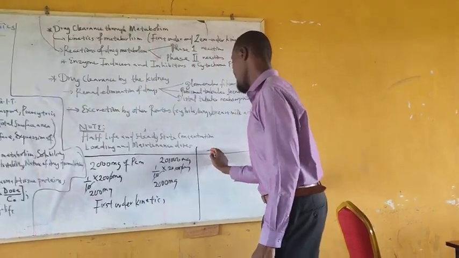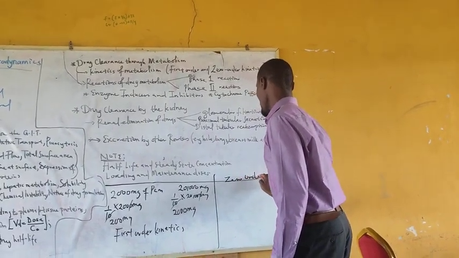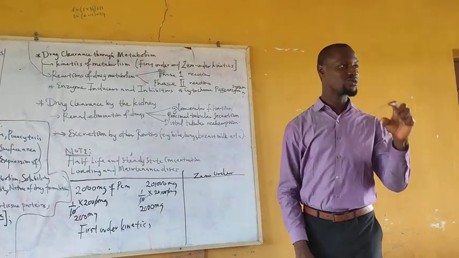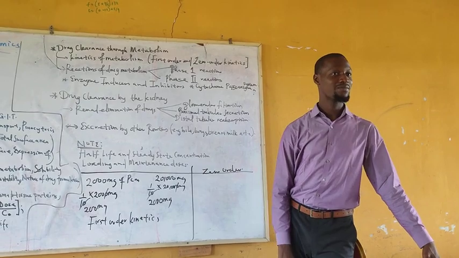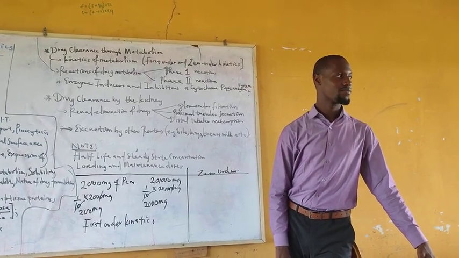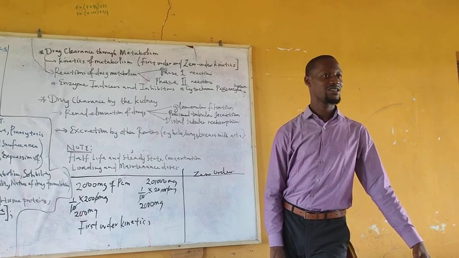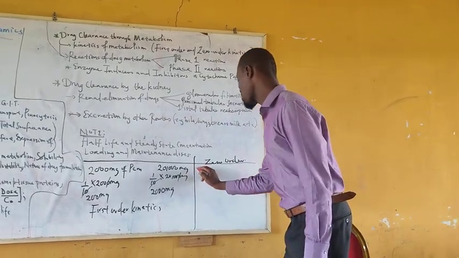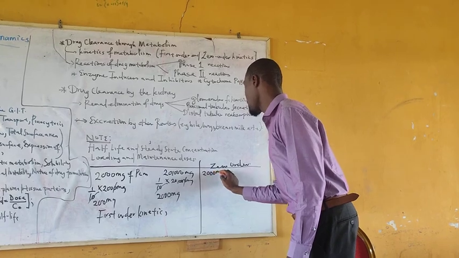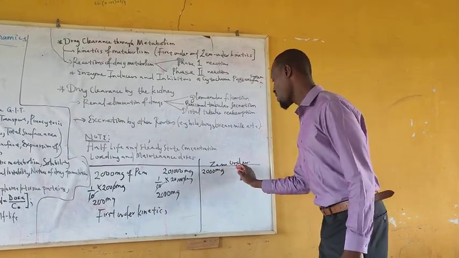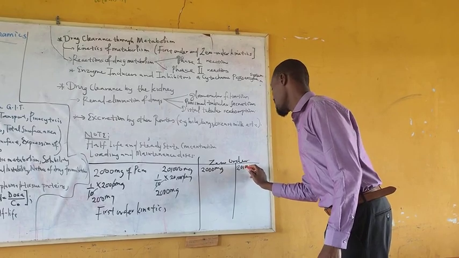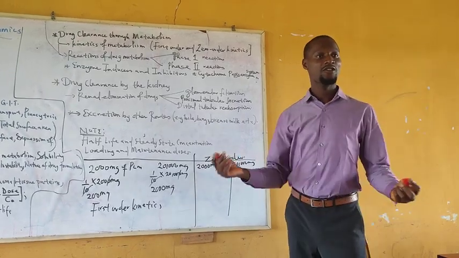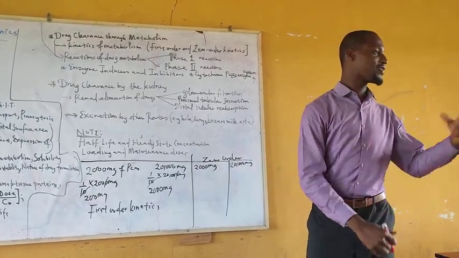But what happens in zero order? In zero order kinetics, it is a constant amount of the drug that is metabolized per time. You may not get the difference. A constant amount. It means that for a 2,000 milligram PCM versus a 20,000 milligram PCM, let us say 500 milligrams is metabolized every 30 minutes.